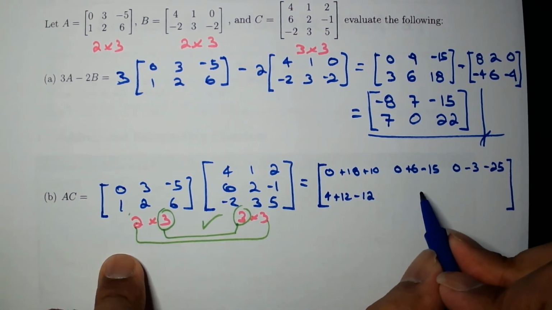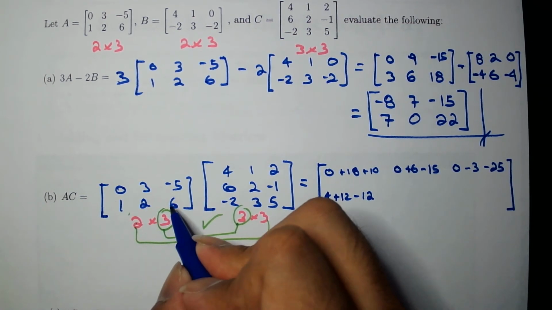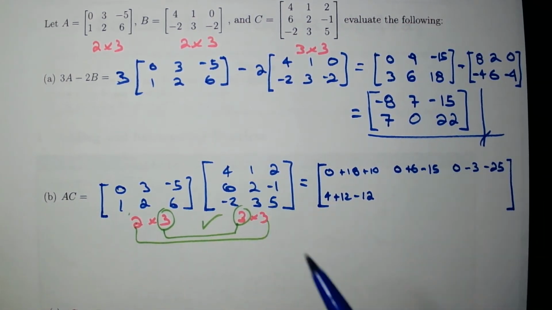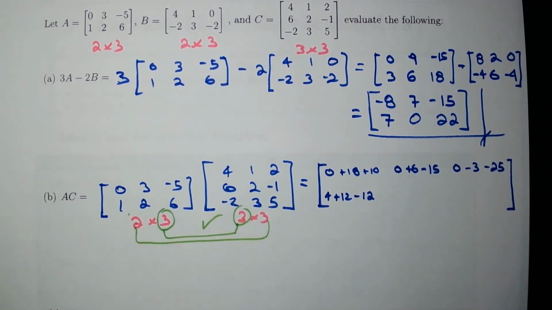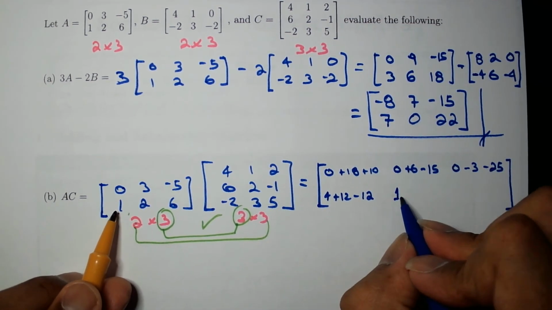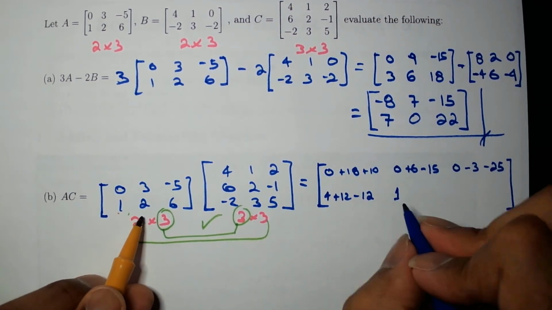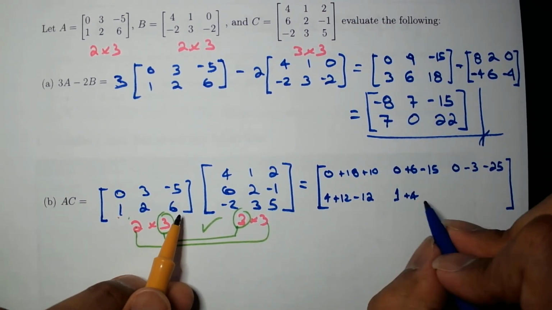To find this element, we multiply the second row of the first matrix by the second column of the second matrix. 1 times 1, which is 1, 2 times 2, which is 4, and 6 times 3, which is 18.